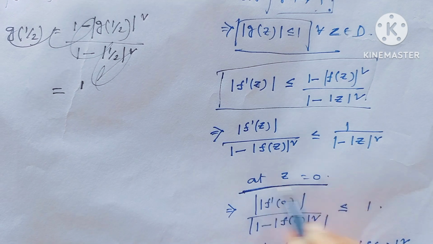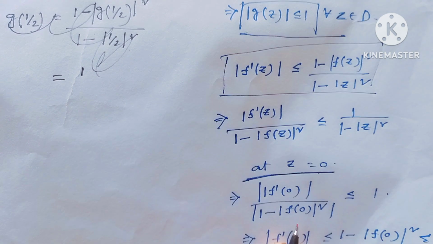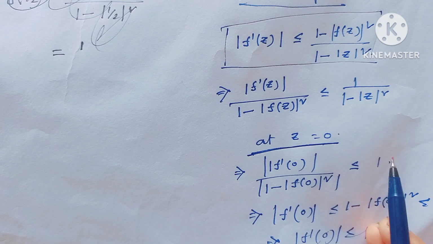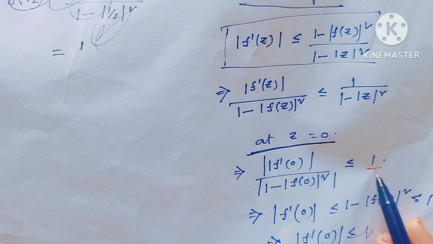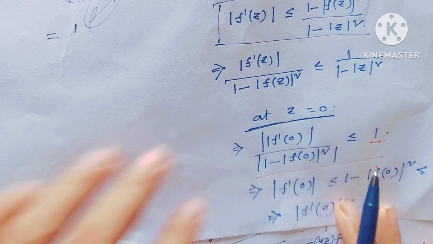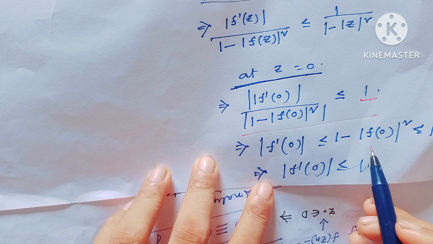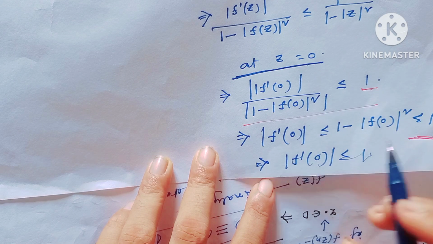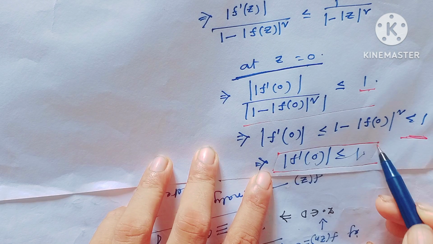At the point z equal to 0, this value is absolute value of f'(0) divided by 1 minus f(0) whole square. If we put z equal to 0, this value is less than or equal to 1. That implies absolute value of f'(0) is less than or equal to 1 minus f(0) whole square, and this value is less than or equal to 1. So absolute value of f'(0) is less than or equal to 1.